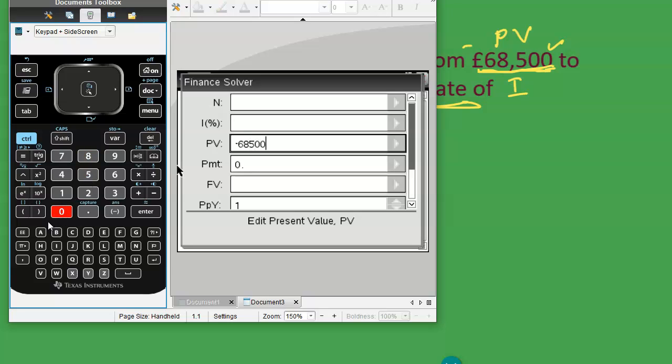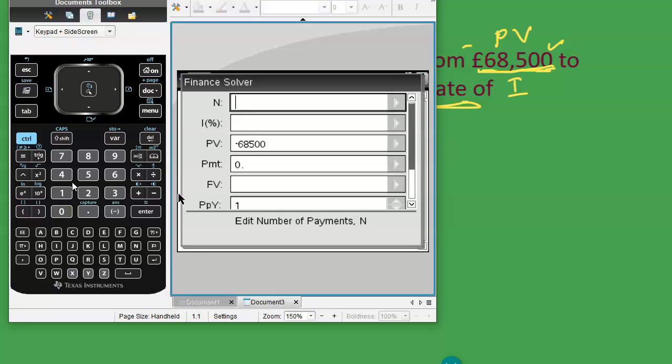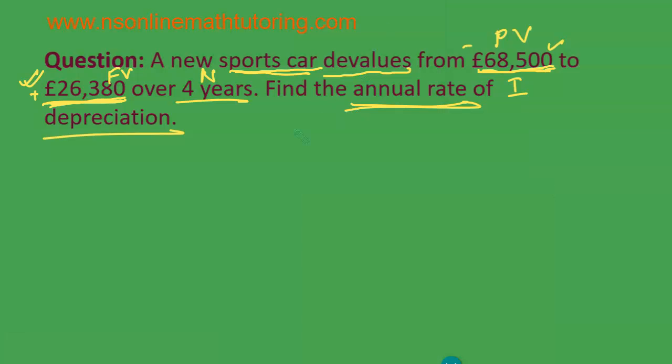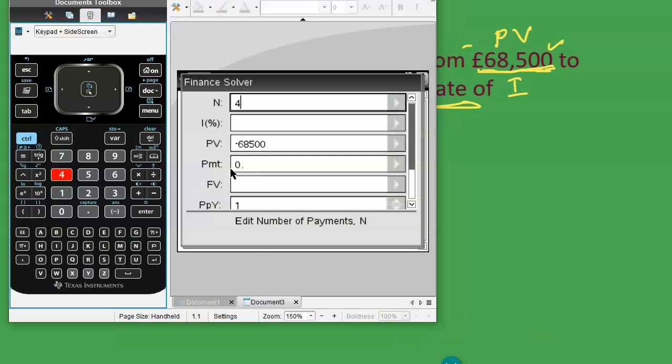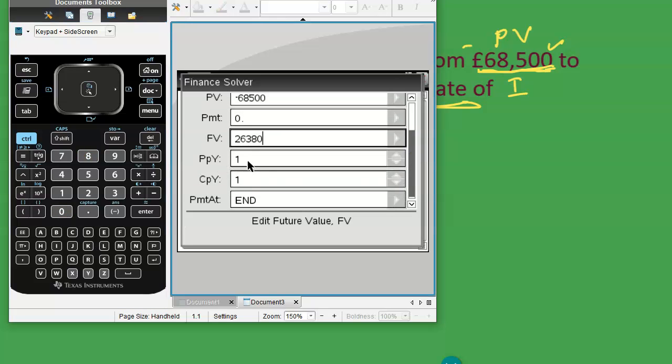And we are required to find the value of I, so we keep it as it is, and N was equal to 4. See, N is equal to 4. And FV is 26,380. And this is 1 because it is the yearly depreciation.